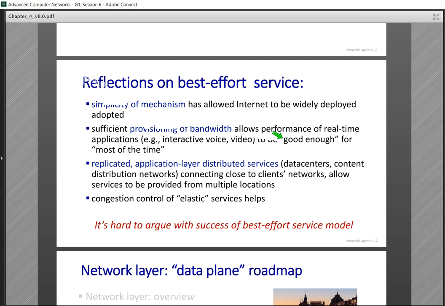And by distributing the contents among different data centers or different content provider networks all around the world, the distance between the source and destination, between me and the server that I'm looking for, will be short.